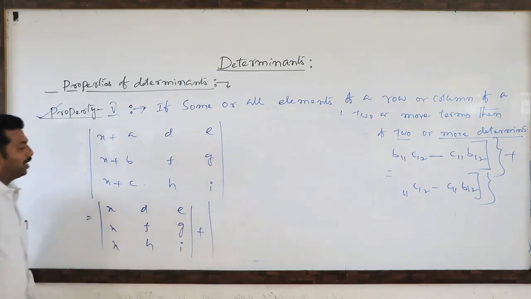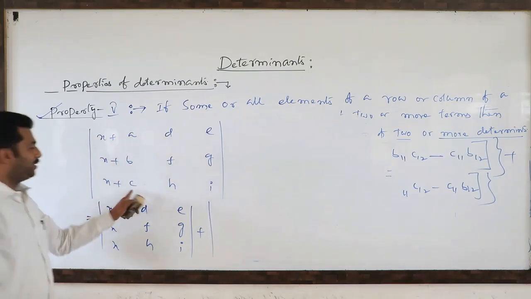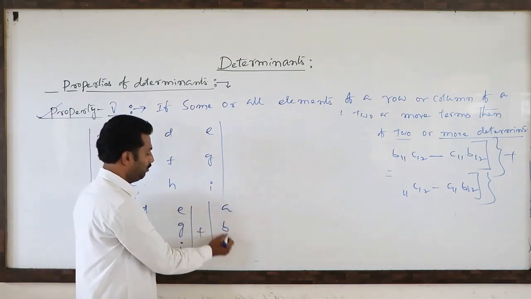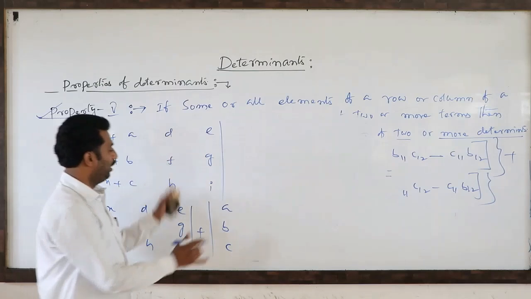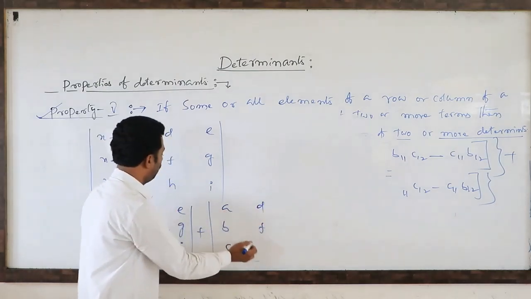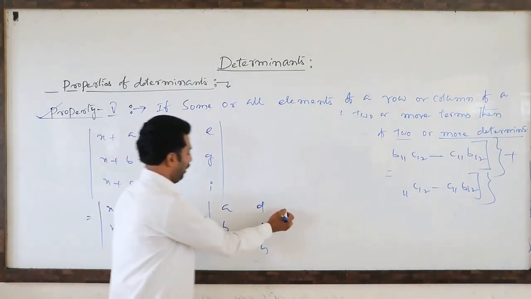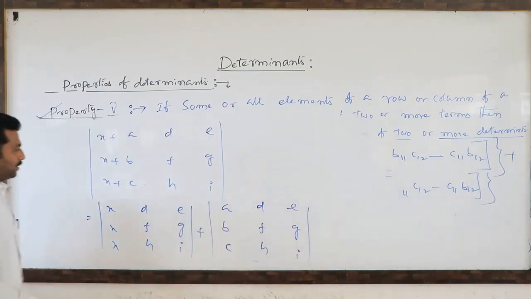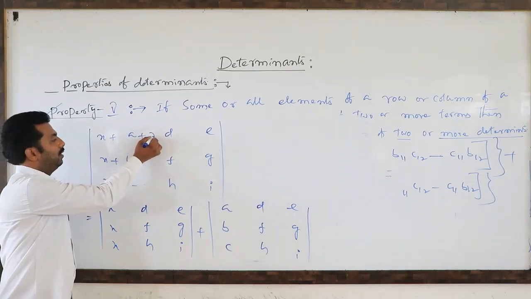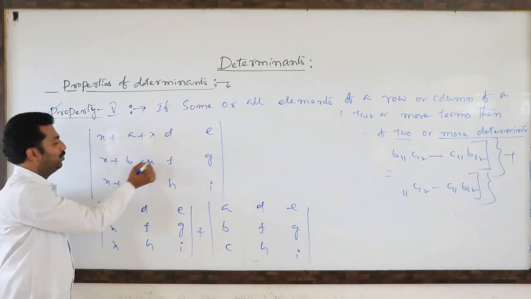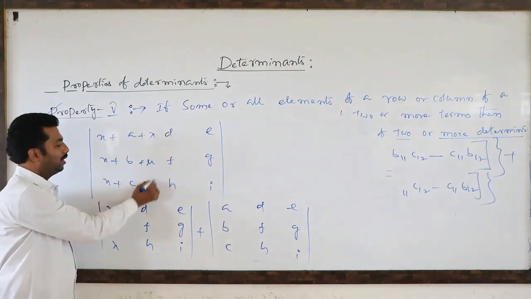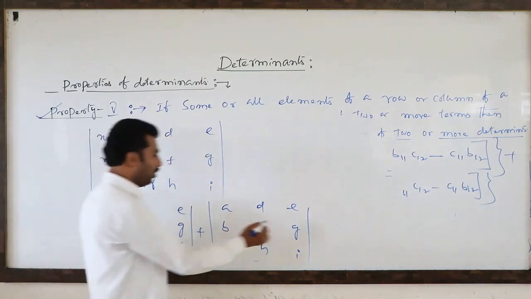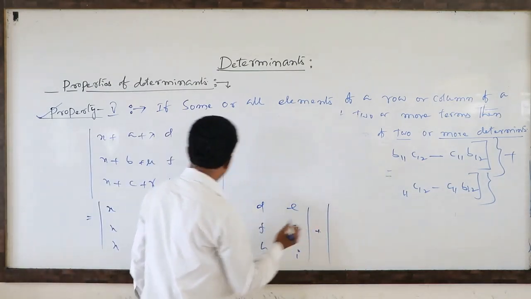Second determinant, what are the first column elements? A, B, C. See, A, B, C, D, E, F, G, H, I. Suppose one more term is there, lambda, mu, then gamma. Again one more determinant you can express. How to express?